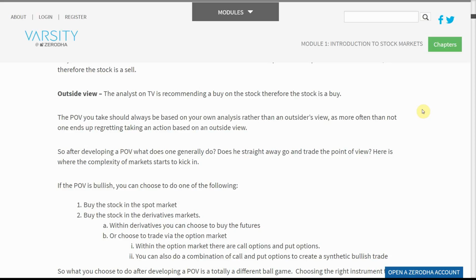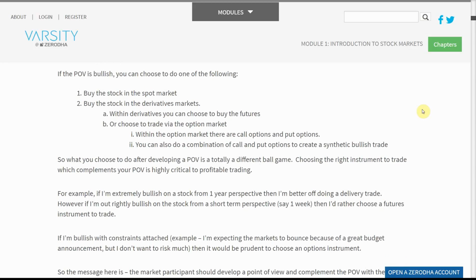So after developing a POV, what does one generally do? Does he straight away go and trade the point of view? Here is where the complexity of markets starts to kick in. If the POV is bullish, you can choose to do one of the following. Buy the stock in the spot market. Buy the stock in the derivatives markets.